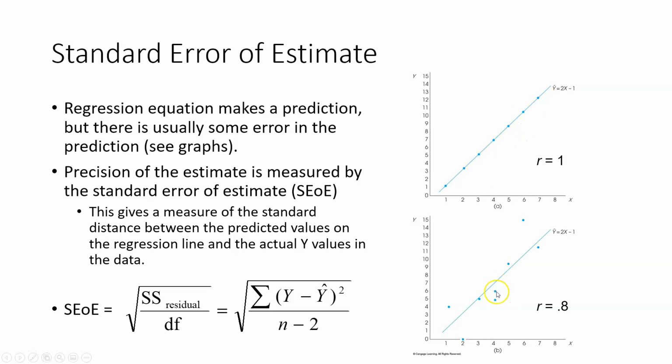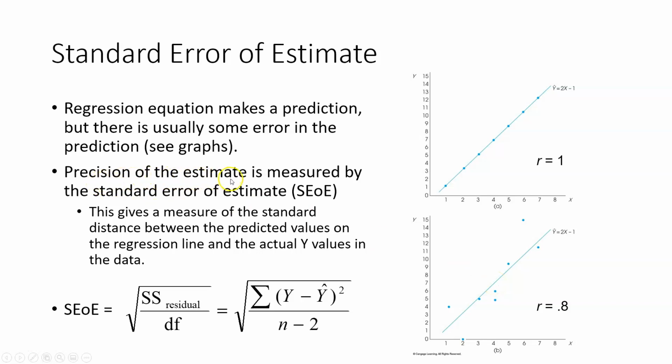In this situation, there's a strong correlation, but it's not perfect. There's some error in the dots, meaning that not every dot falls on the line, and so for this dot there's some degree of error, for this dot there's some degree of error, for this dot there's really no error, but for all the other dots there's some distance between where the dot falls on the y-axis and where the line is predicting that dot should fall on the y-axis.